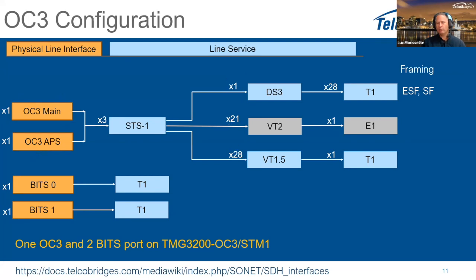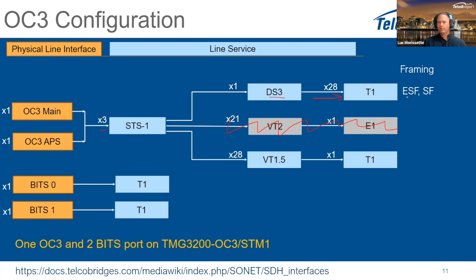Like I mentioned before, the E1 on OC3 is pretty rare, so I'm skipping that one. So there are mostly 2 modes that we can use for an OC3. One is having 1 DS3 per STS1, so that will give you 3 DS3s inside the OC3. Each of the DS3s will have 28 T1s like this.